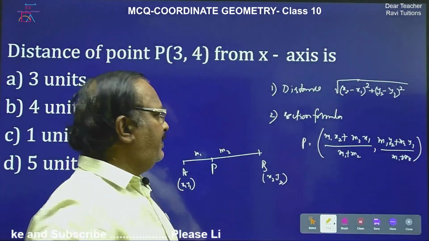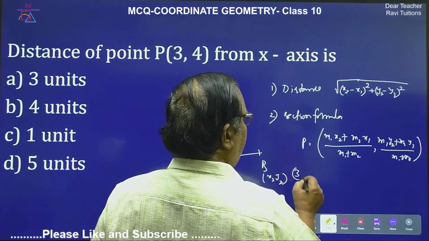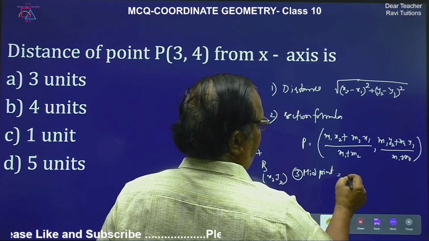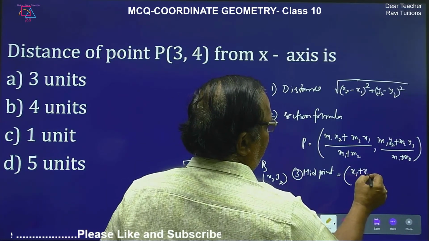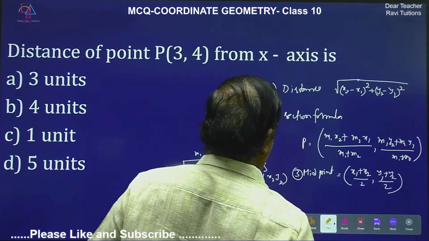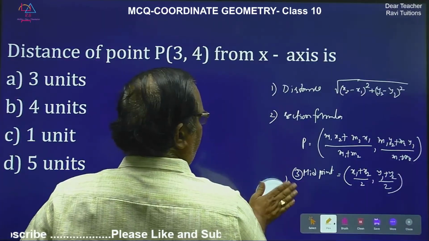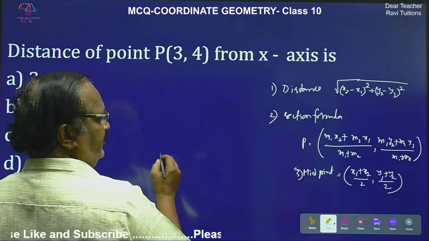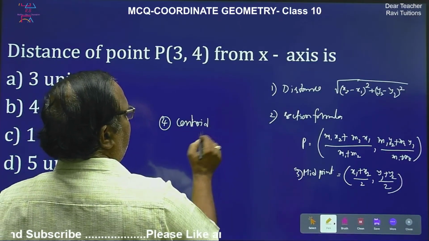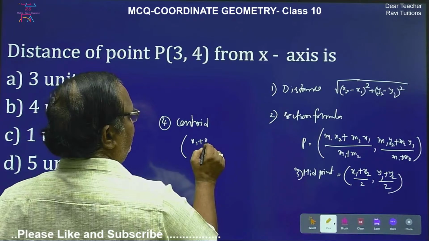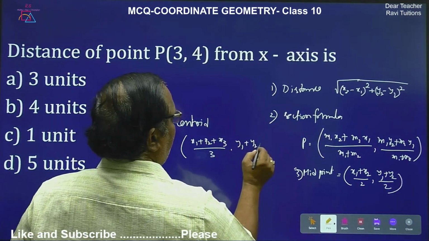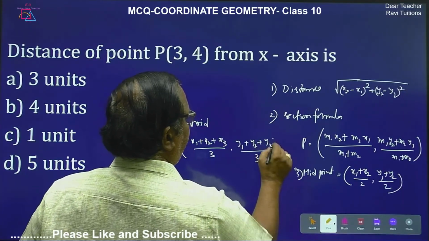Next, the midpoint formula is also there. What is the midpoint formula? (x1 plus x2) by 2 and (y1 plus y2) by 2. There is one more formula that you can remember, the centroid formula: (x1 plus x2 plus x3) by 3 and (y1 plus y2 plus y3) by 3.